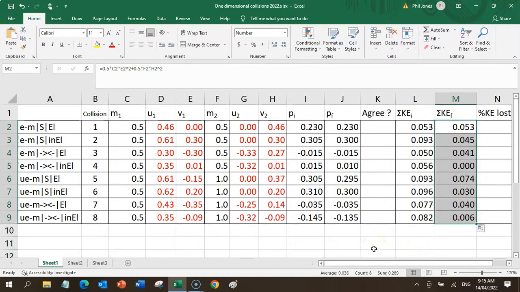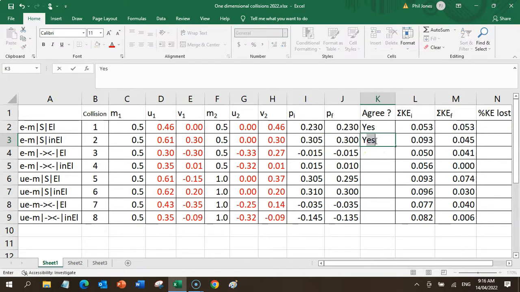Now this gives us enough information to create the discussion or the conclusions. So first of all, we look at whether or not momentum was conserved. If we look at these two here, they're exactly the same. So we can type in here, yes. Over here, there's a very, very small difference.